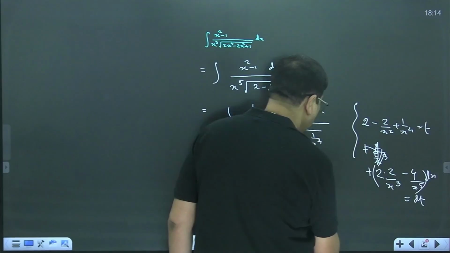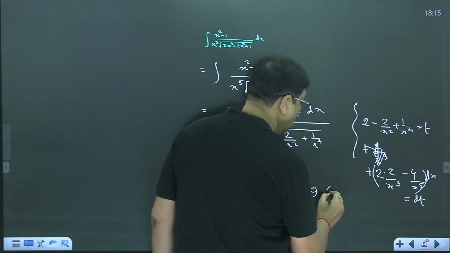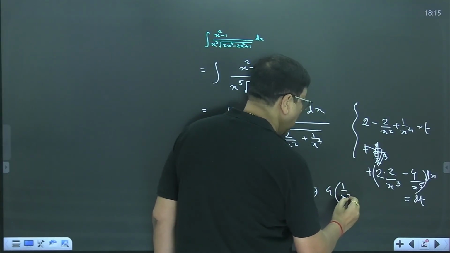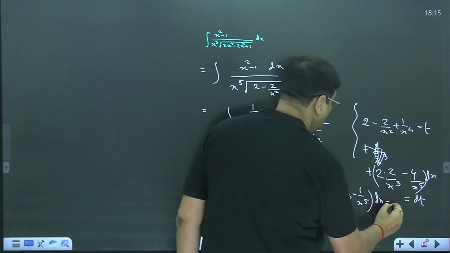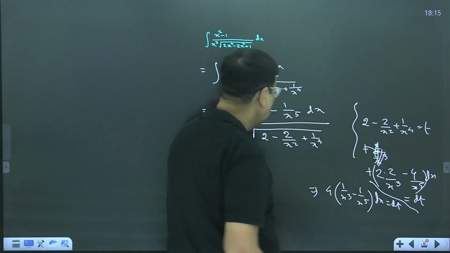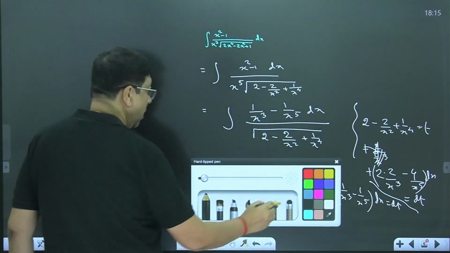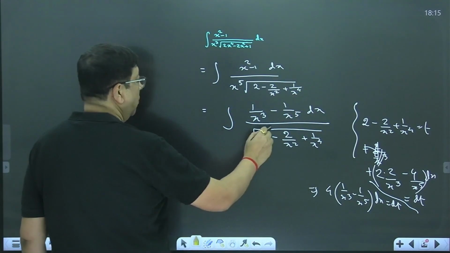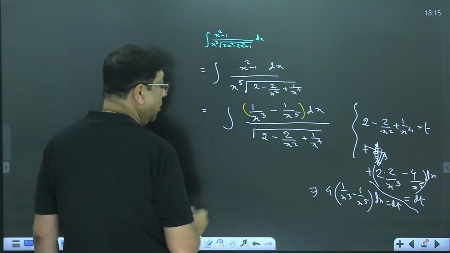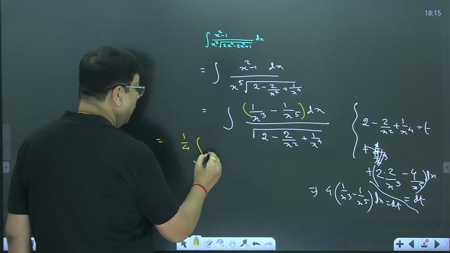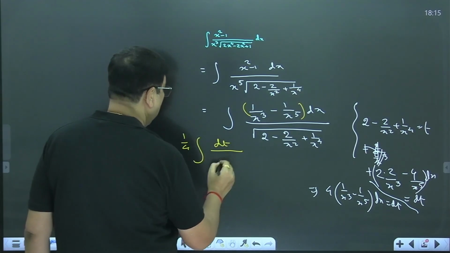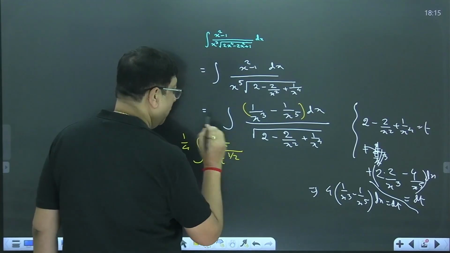Okay, so let us write it fresh: 4 outside, 1 by x cube minus 1 by x to the power 5 dx equal to dt. So everybody, we are getting here the numerator replaced as 1 by 4 dt by t to the power half.